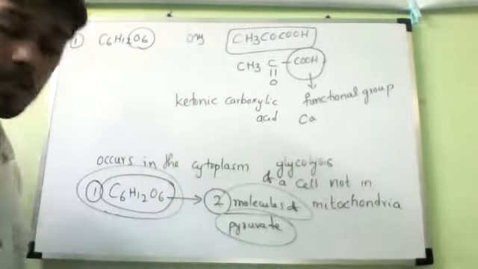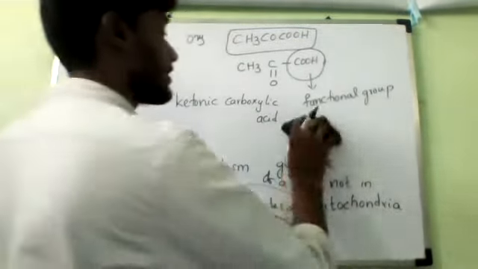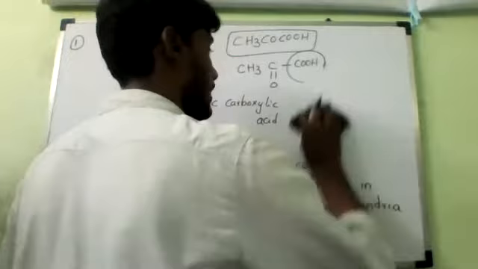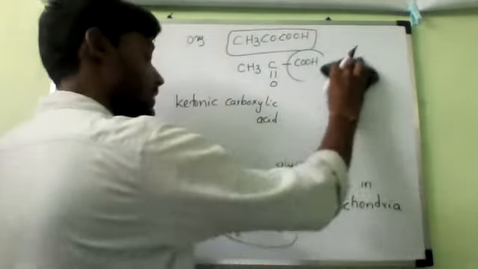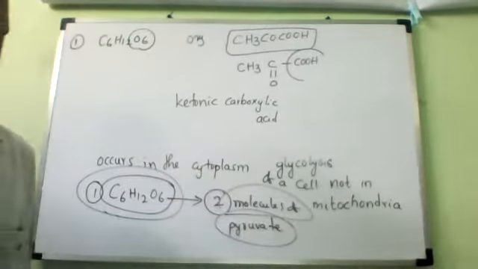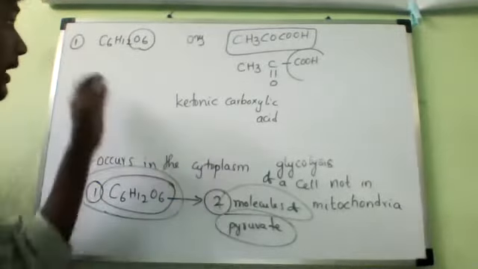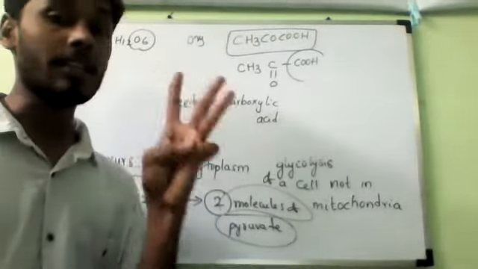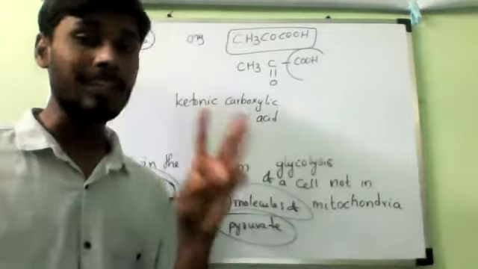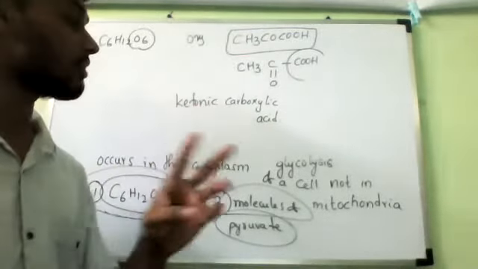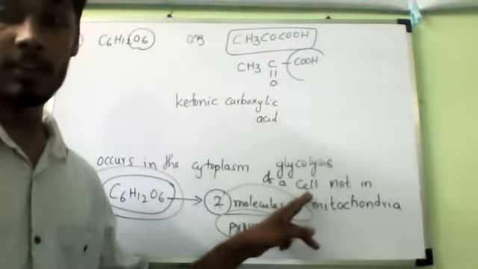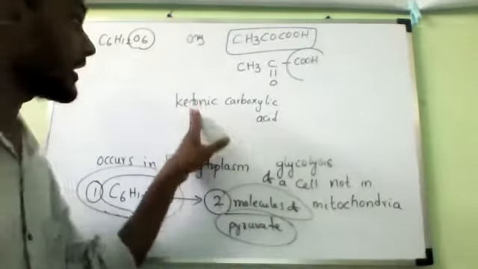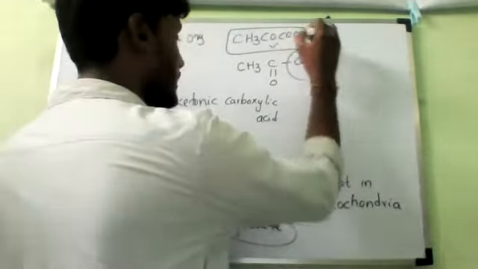How it comes about, you will understand in chemistry. If I say it now, you cannot understand without knowing carbon compounds. Just remember, pyruvic acid is a 3-carbon atom compound, which is also called pyruvate. And the formula is CH3COCOOH.